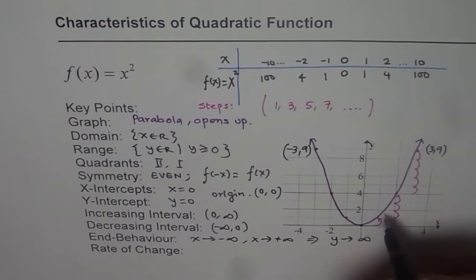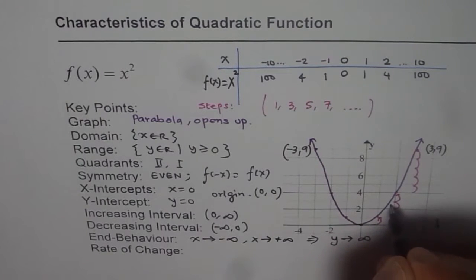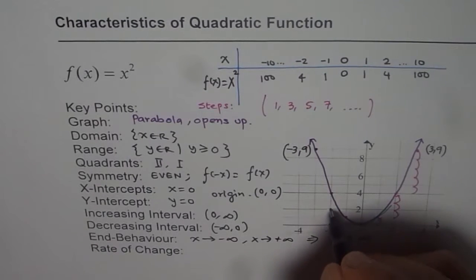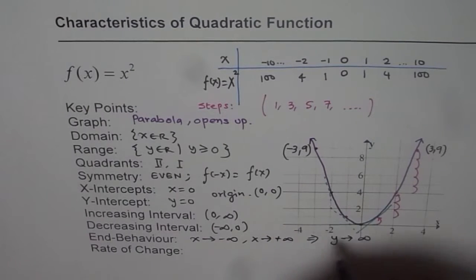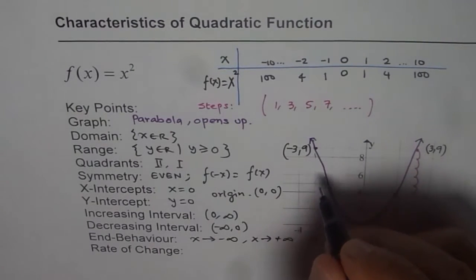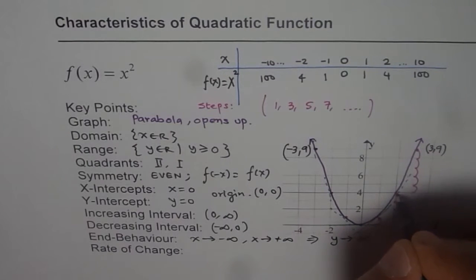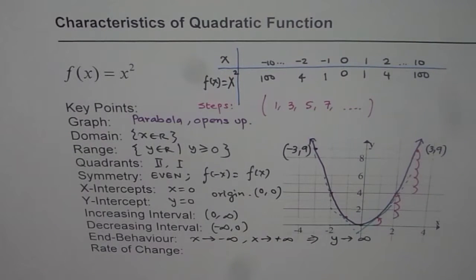If you move to the right side, and if I draw a tangent at any point, it is having positive slope. On the left side, the slope is negative. Do you see that? More you go towards the left, steeper it becomes, more negative. More you go towards right, steeper it becomes, but more positive. Do you see that? So that is how the rate of change really changes.